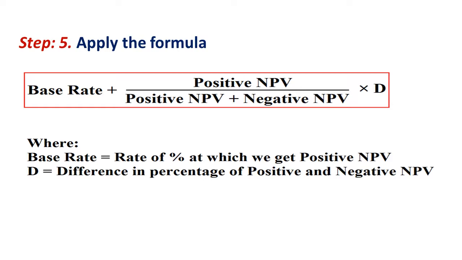Suppose at 10% we are getting positive NPV, that is our base rate, and at 15% we are getting negative NPV, that is our end rate. So base rate plus positive NPV divided by positive plus negative. It won't be minus, it will be plus only, into the difference between the base rate and end rate. So D stands for the difference between the base rate and end rate. Clear? So like this you apply the formula and proceed to find the answer.